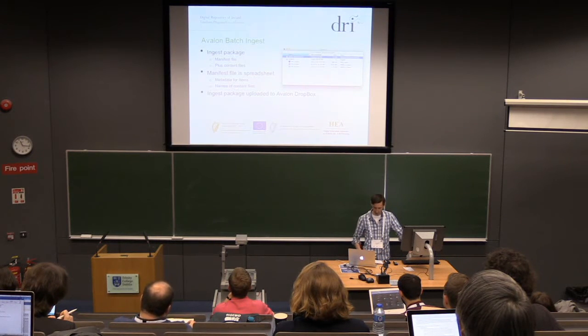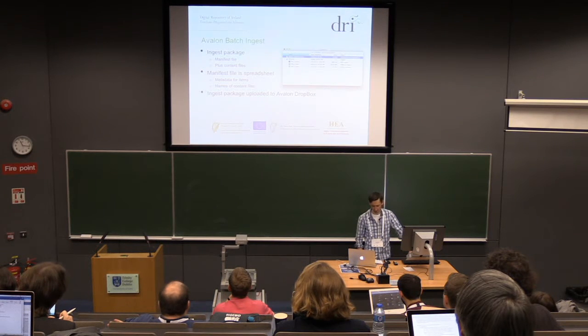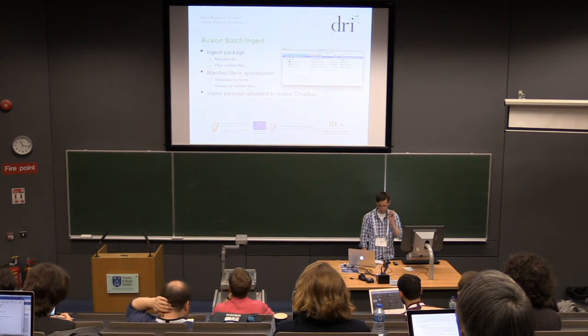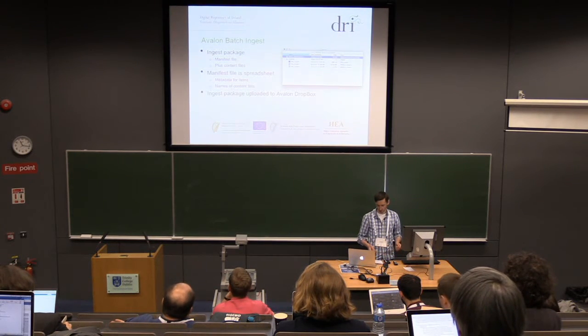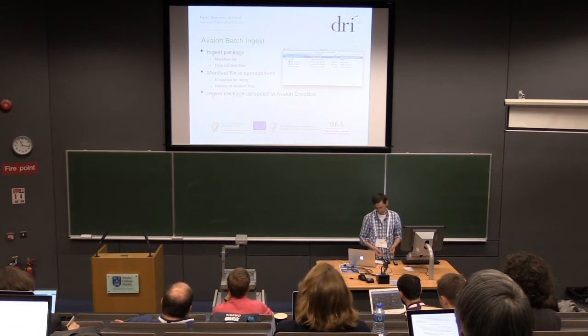One other that I looked at quite a lot was from Avalon, it's Avalon Media System. And they have a batch ingest that is certainly closer to our requirements. It's built around this idea of an ingest package. So you would have your directory of content files, and you also have this manifest file, which is a spreadsheet.